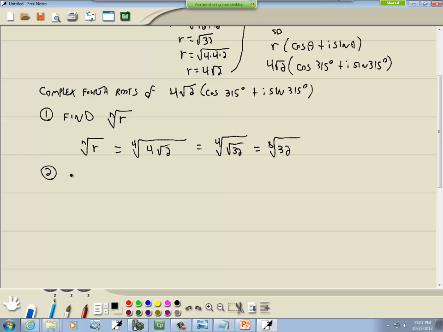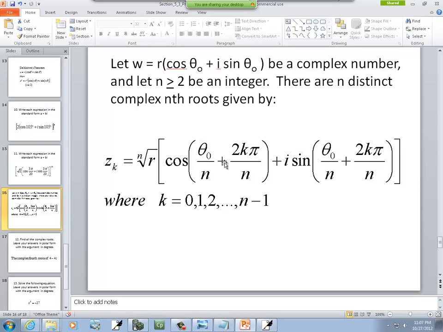Step 2, find our initial angle. Now our initial angle, if we were to go with the formula and plug 0 in for k, then 2 times 0 times pi is 0, and 0 divided by anything is 0, so that would drop away. So we just get theta divided by n.